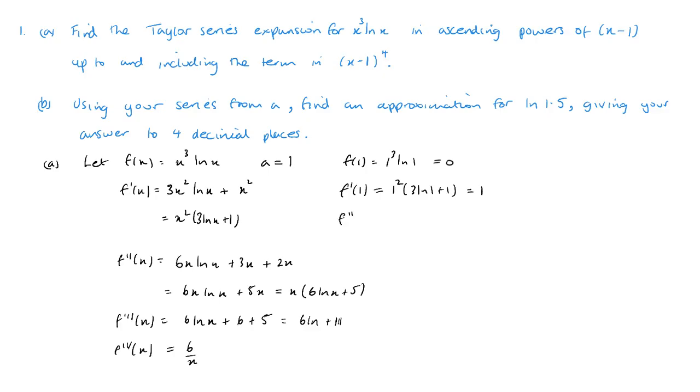Then f double dash of 1 is 1 times (6 times 0 plus 5), so this is equal to 5.